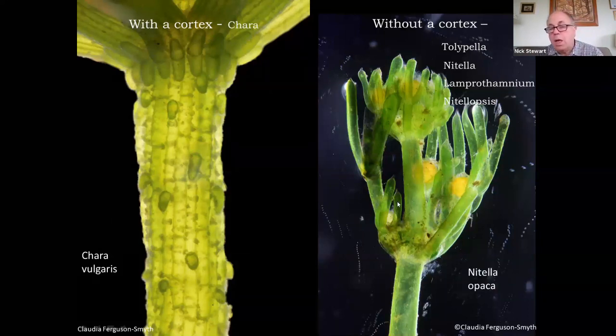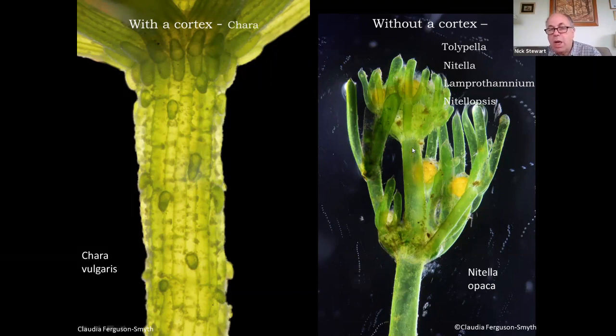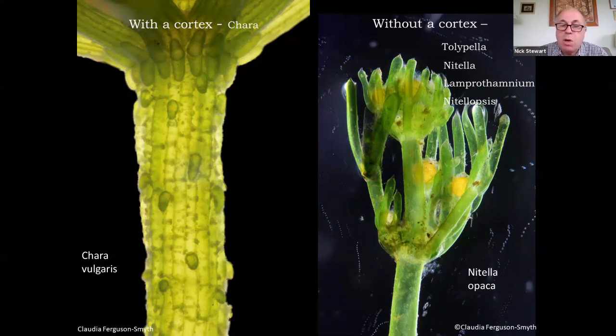Now, in some species, you'll see that it's almost like looking through a glass bottom. That's because each of these is a single cell. So that internode is a single cell. They're very large cells, and in fact, you get the largest plant cells in stoneworts, sometimes up to 20 centimeters long and 2 or 3 millimeters diameter.